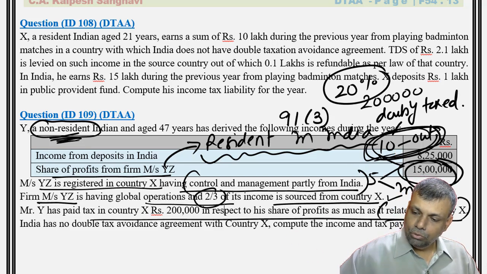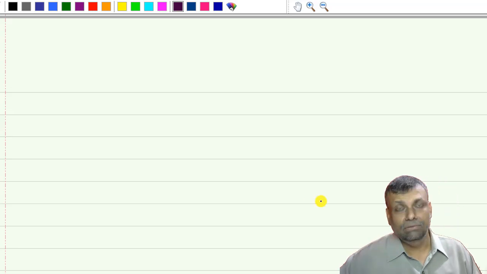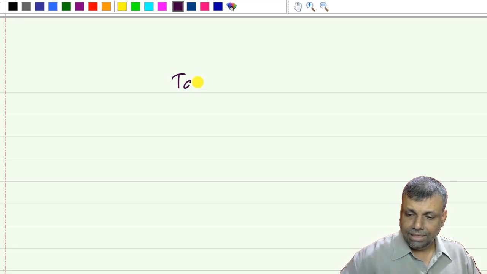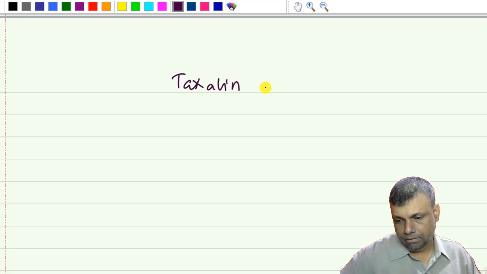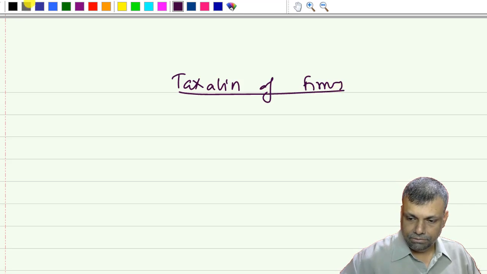Now friends, together with this, one very good confusion will be arising in the minds of the students. Now that way the answer is over, but understand one very, very important concept of taxation of partnership firms.